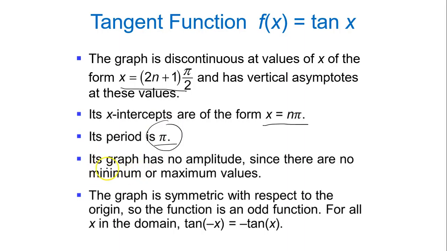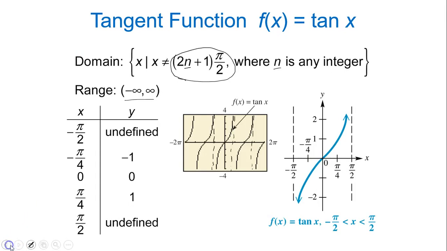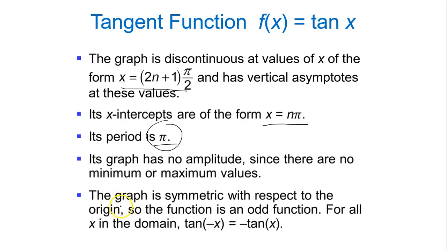Now, for its graph, we don't have amplitudes to find since there are no maximums or minimums, because it has all real numbers. It's infinite in the negative y direction and the positive y direction. So no maximums, no minimums. And then the graph is symmetric with respect to the origin.